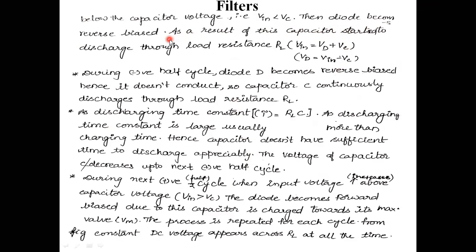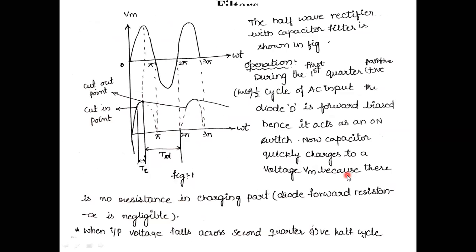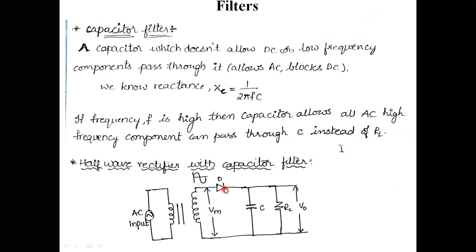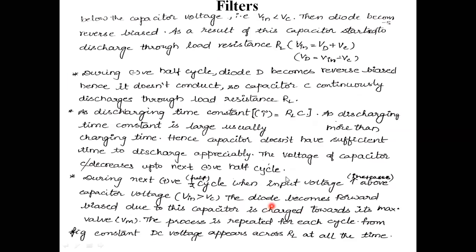As a result, the capacitor starts to discharge through the load resistance RL. That means Vin is equal to Vd plus Vc, the diode voltage plus the voltage across the capacitor.